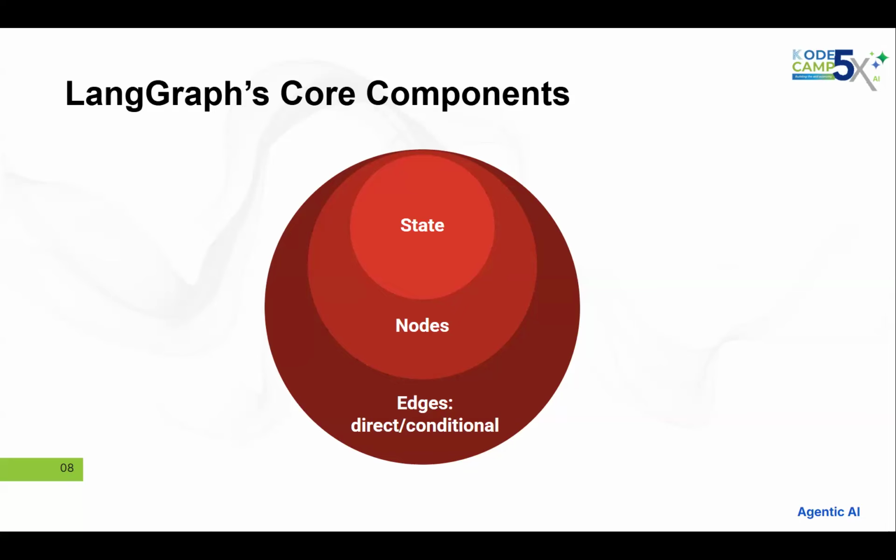Remember, we are talking about a graph. A graph has nodes, points, which are linked by edges, right? So the LLM is a node. The tools can be nodes. Any logic you implement, like the execution loop, can be a node.